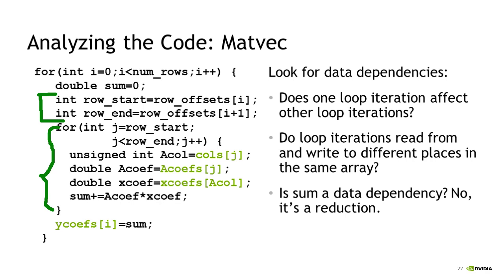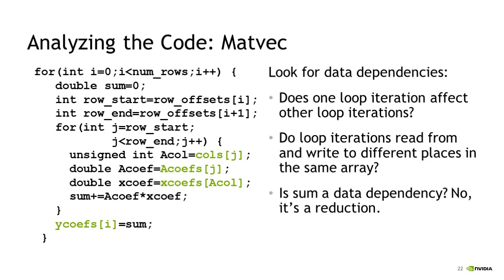Now I've highlighted all of the times that we are either reading from an array or writing to an array. I want to look at these carefully and make sure I know: is there any time where one loop iteration affects the results of another loop operation? What we see here is I'm only reading from the cols array in one place.